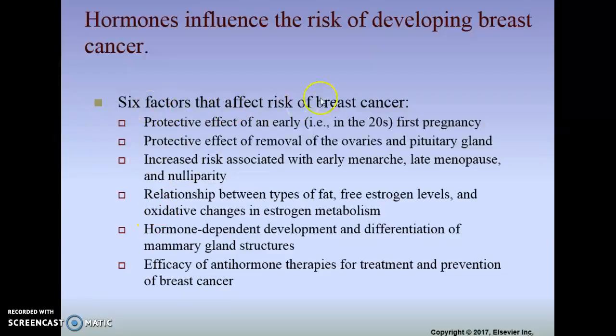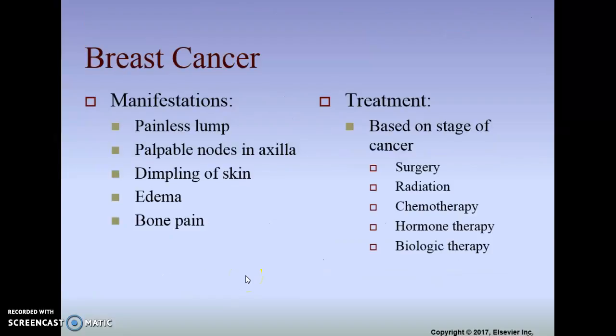All right, relationship between different types of fat, free estrogen levels, oxidative changes in estrogen metabolism, hormone-dependent development and differentiation of mammary gland structures, and then efficacy of anti-hormone therapies for treatment and prevention of breast cancer. Again, using treatment that is going to target hormones.